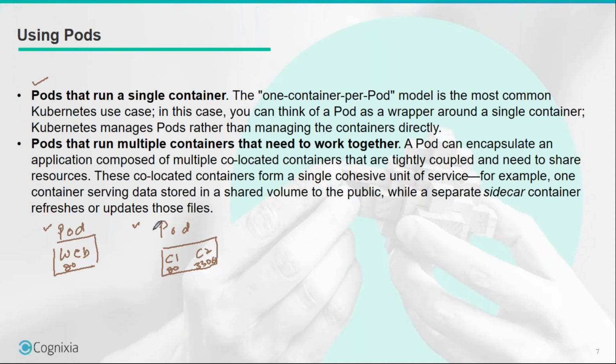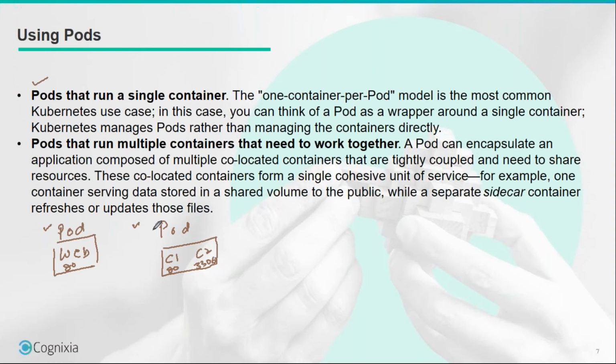Pods that run multiple containers that need to work together. A pod can encapsulate an application composed of multiple co-located containers that are tightly coupled and need to share the resources. These co-located containers form a single cohesive unit of service.